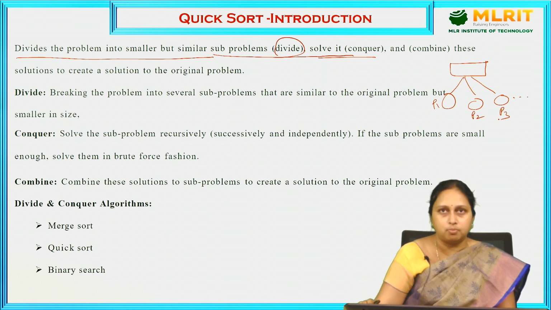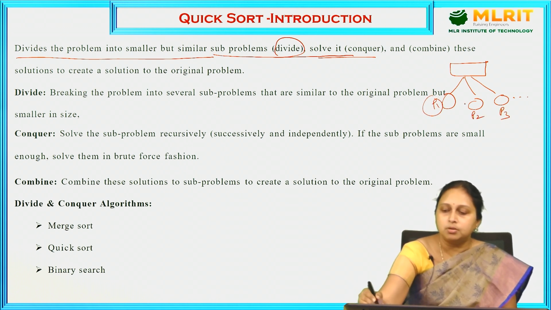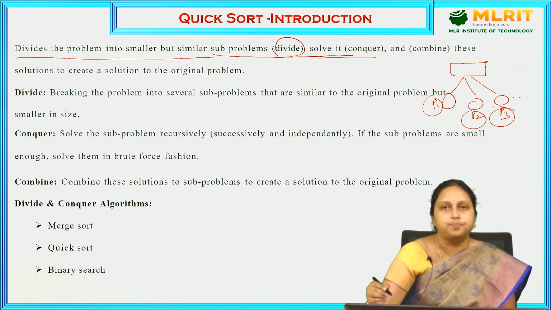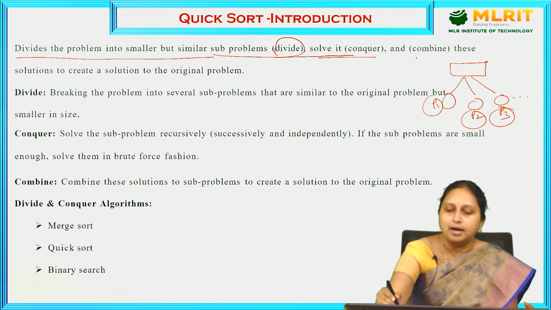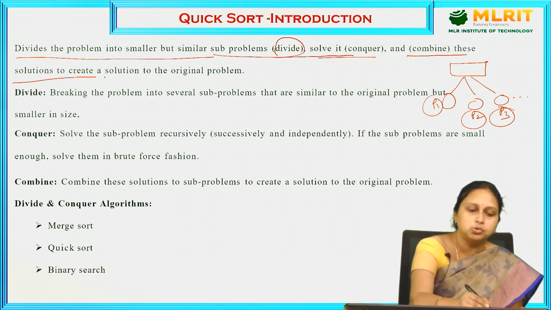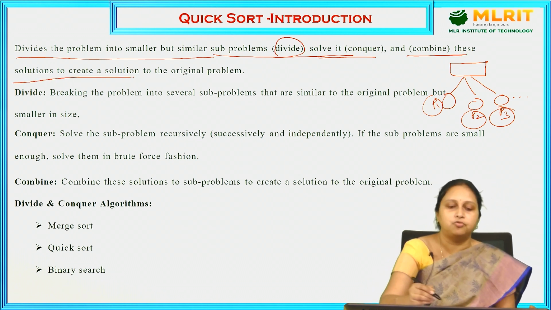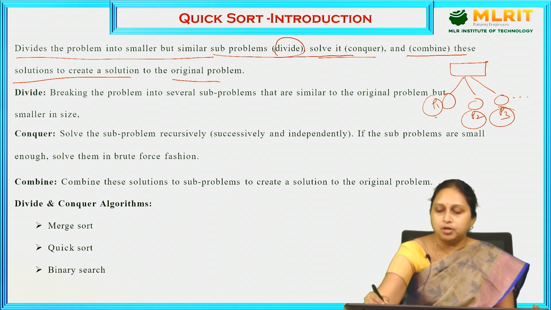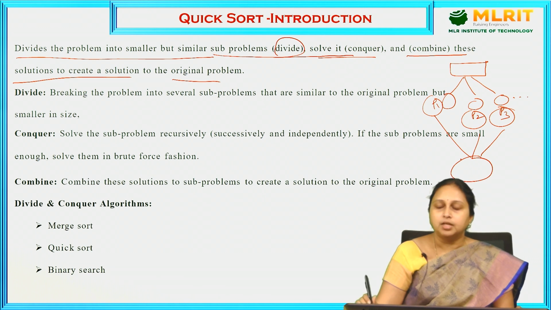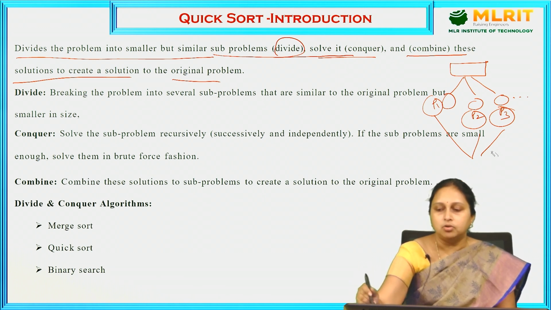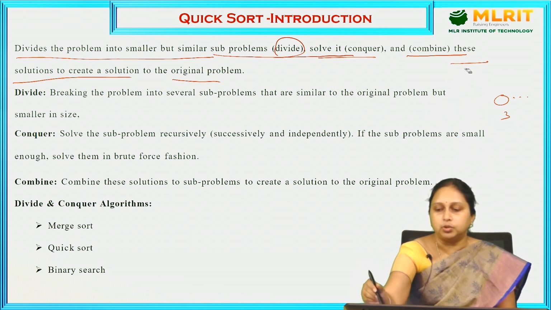These sub problems are going to be solved, we find the solution for each, and at last we combine those solutions to create the solution for the original problem. This is how divide and conquer works.